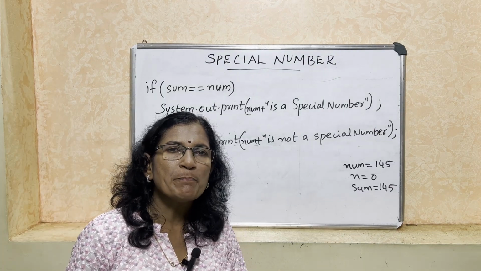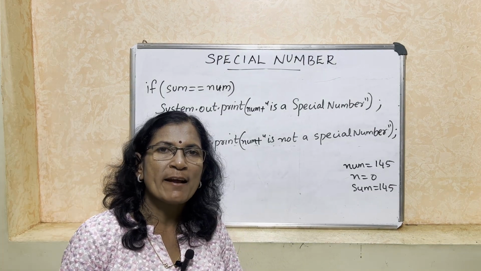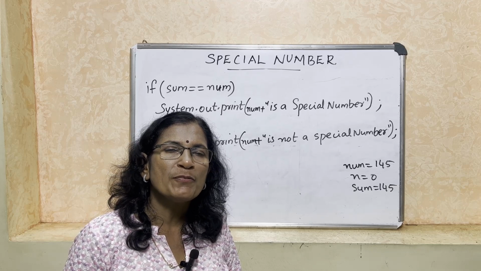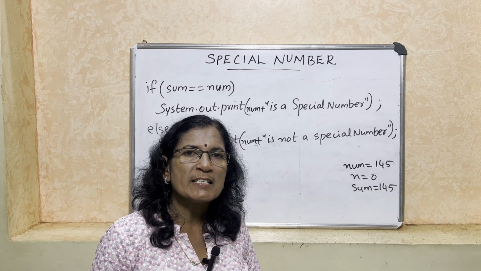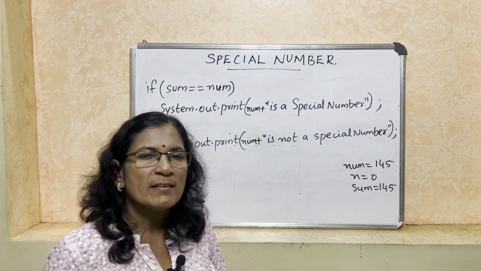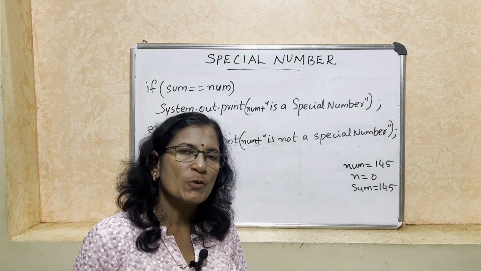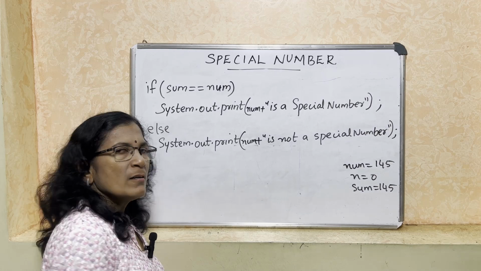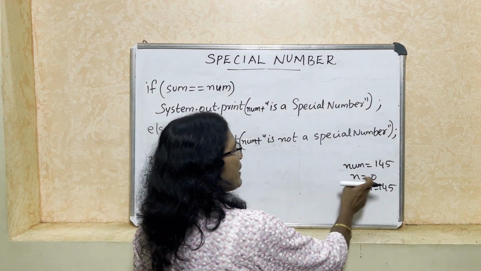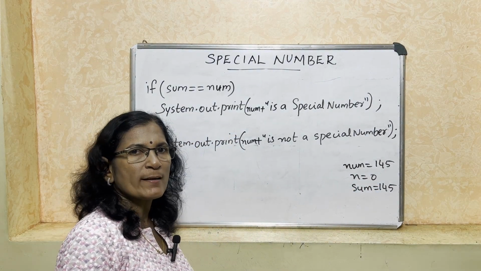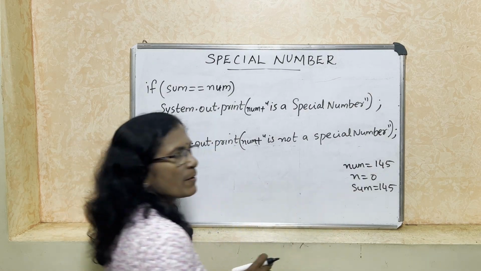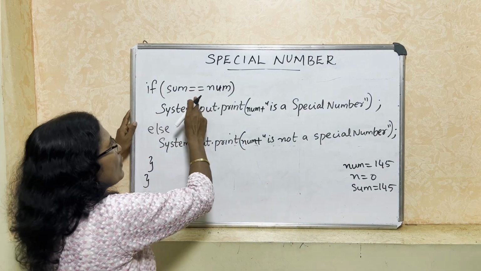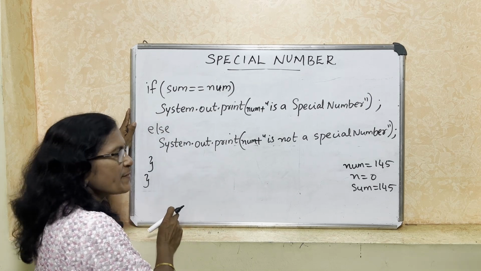As the while loop completed its iteration and we have calculated the sum of each digit's factorial, the next step is to check whether the calculated sum is equal to the original number. The original number n became 0 after the execution of the while loop. We have already stored the value of n in num. So let's compare the value of num with the value of sum.